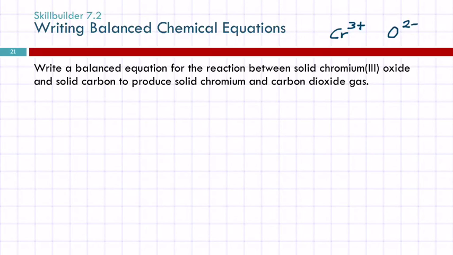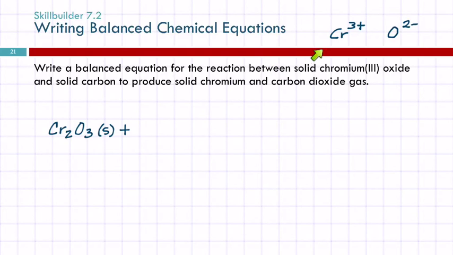If you like to crisscross, we could do it that way. We're going to end up with Cr2O3. That's how the charges will add up to 0 if we have 2 chromiums and 3 oxygens. So Cr2O3. This doesn't specifically say to include state symbols, but I'm going to because they gave us the information and it's good practice. So this is a solid.